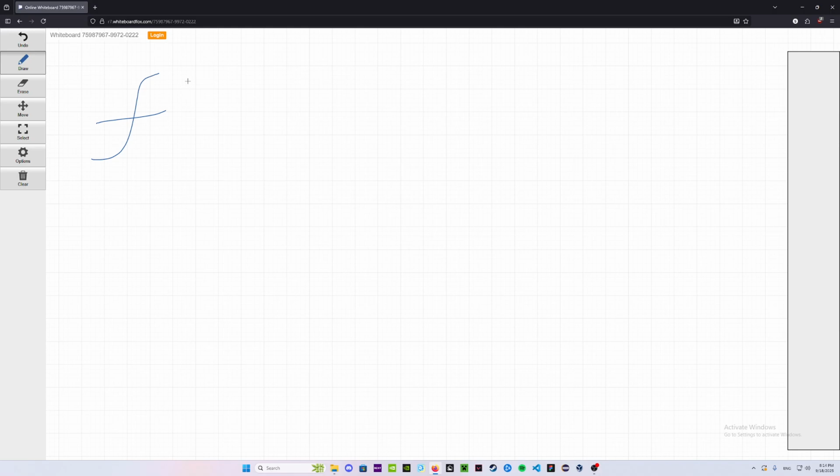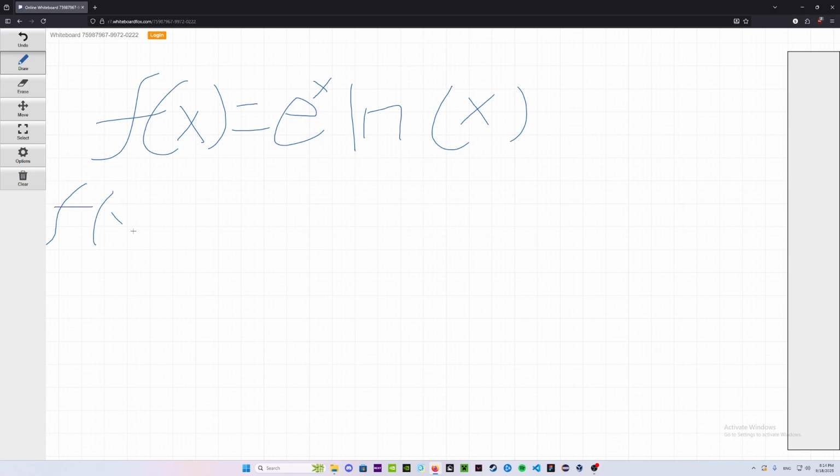Alright, f of x equals e^x ln x. So this is actually product rule. Okay, this is product rule. Remember, the derivative of e^x is just e^x. So we're going to have e^x times 1 over x plus e^x times ln x.